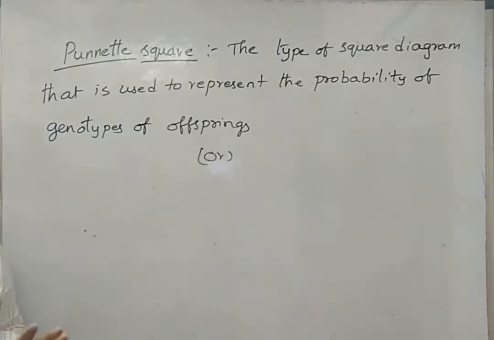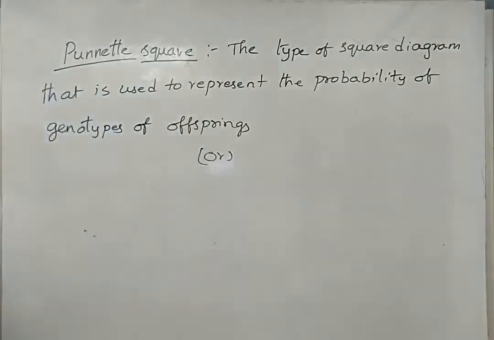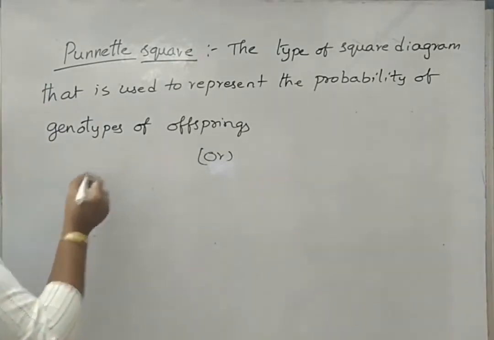Like it is a square diagram that is used to predict the genotype after a particular cross or a breeding experiment.